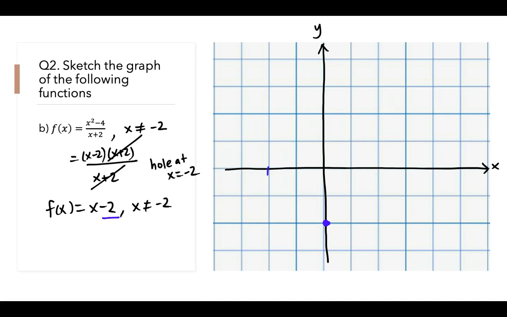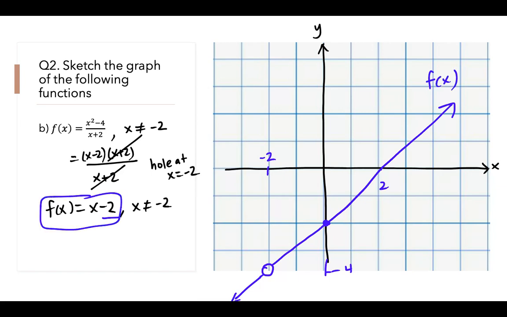At x equals negative 2, I'm going to plug it in: the y value is going to be negative 4. So there is a hole there. Then it's going to be a straight line passing through 2, going this way. So this is my f(x) equals x minus 2, where x cannot be equal to negative 2, because you canceled it out.